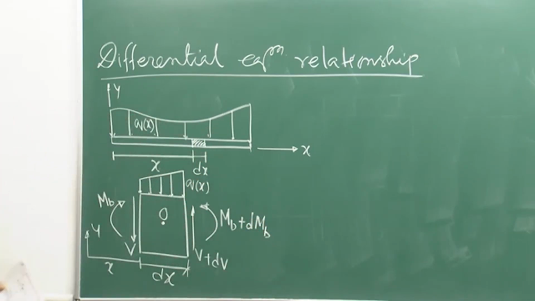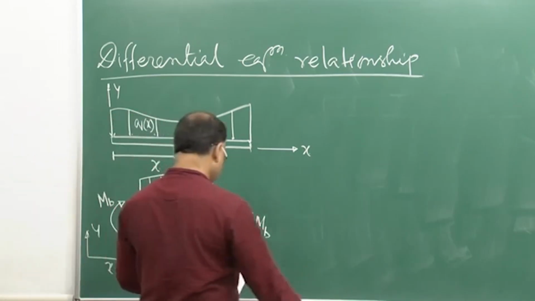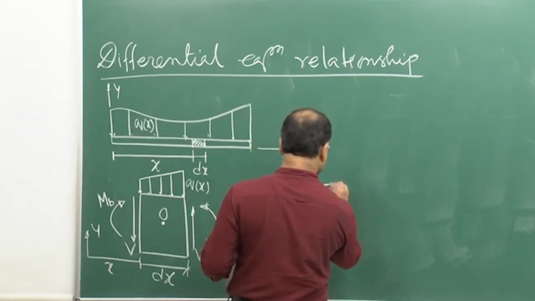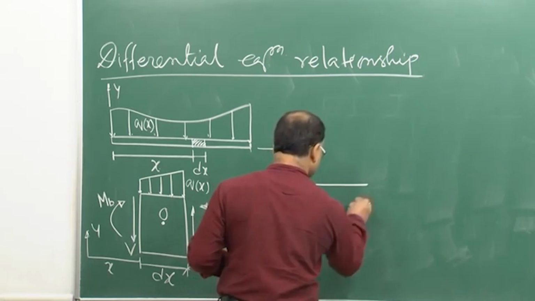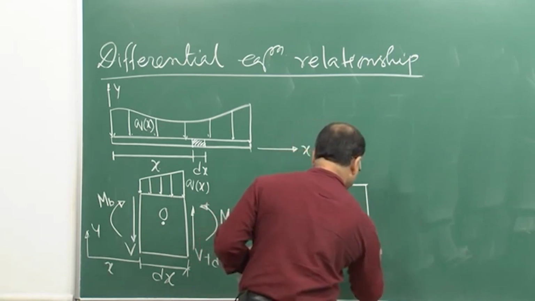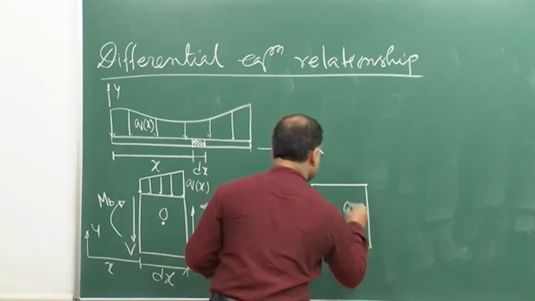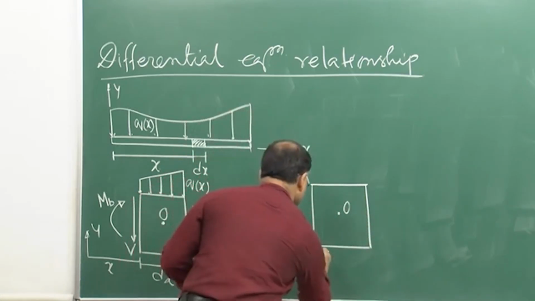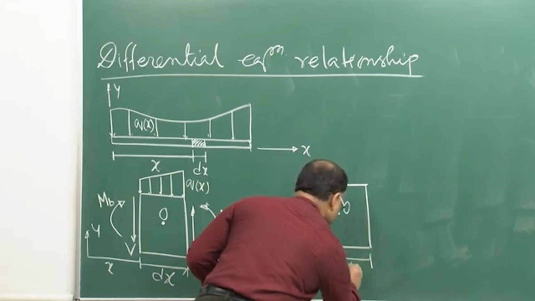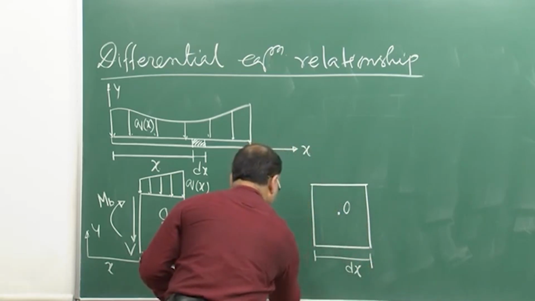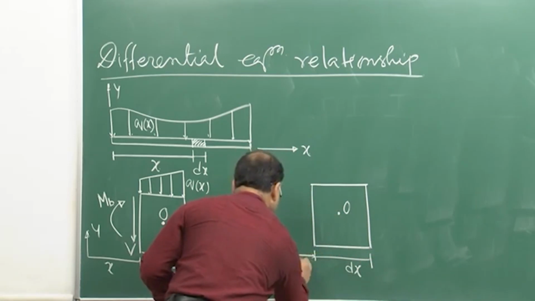Now this again I can draw in terms of the resultant concept we have just learned. This is midpoint O, this is dx, x distance away.